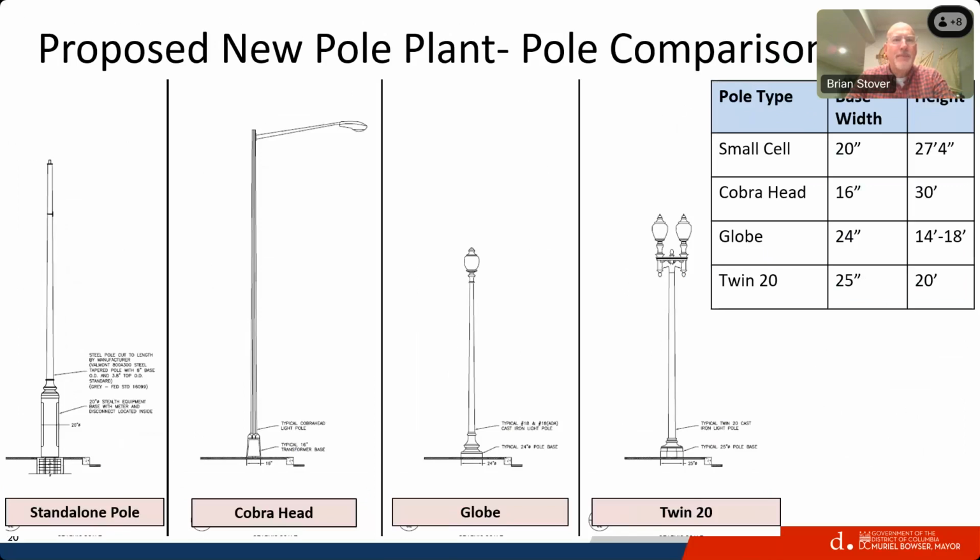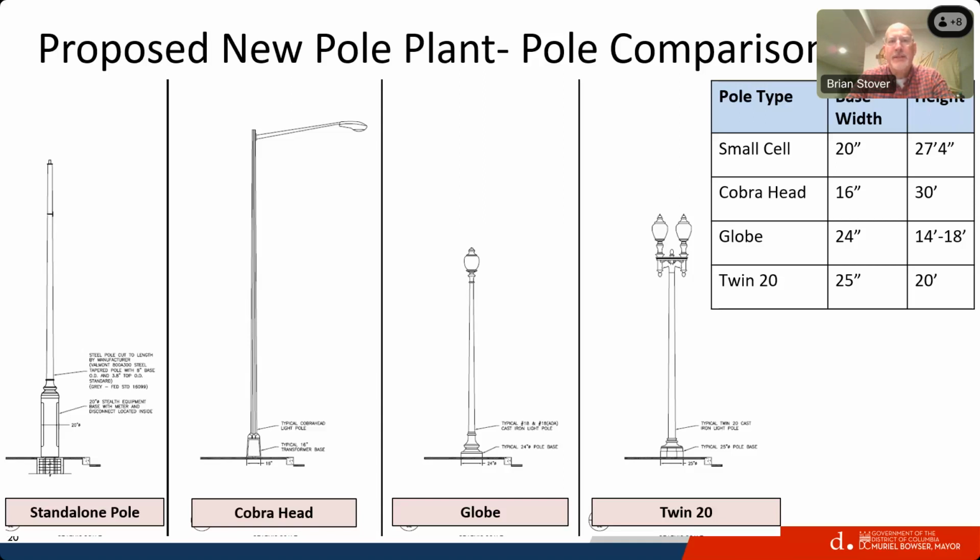This image basically just shows the comparison between the pole on the left-hand side, being a standalone small cell pole, and then the existing DDOT Cobra head pole, the Washington Globe pole, and then the Twin 20 pole. In terms of height, it's comparable to the existing Cobra head, or the teardrop pole would also be about that same height.